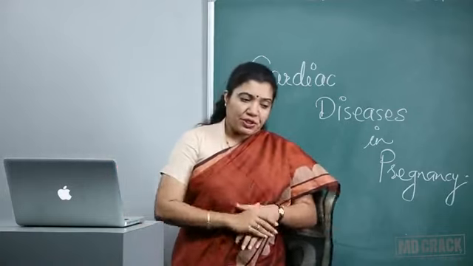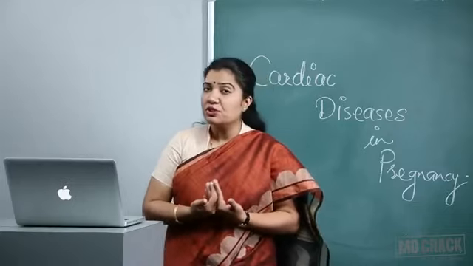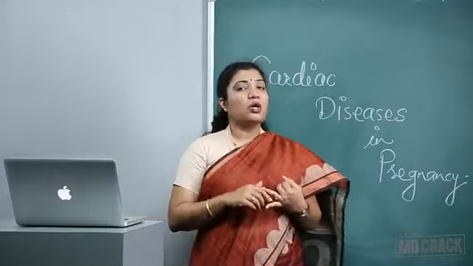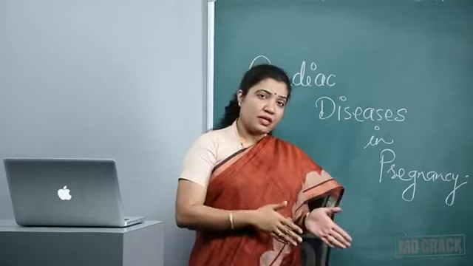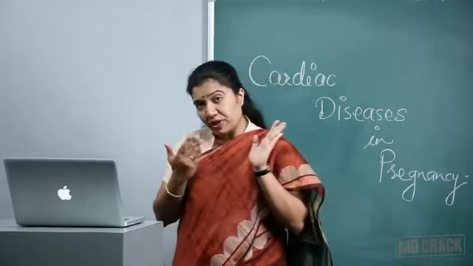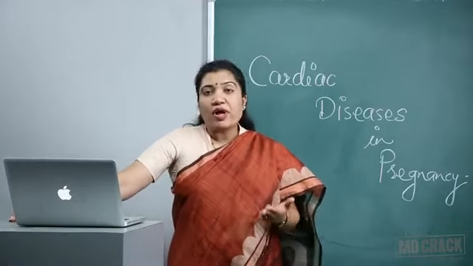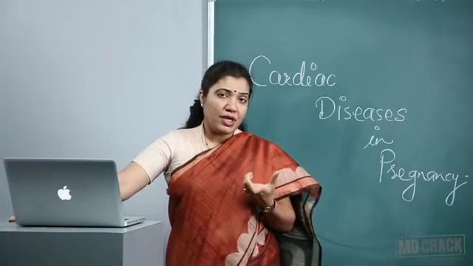So whenever a patient comes to us preconceptionally, we should not miss the chance to counsel her about the cardiac lesion she has, what the prognosis is, what the effect of pregnancy on that cardiac lesion is, what the effect of that cardiac lesion on the pregnancy would be, and what her risk of mortality is, especially in cases of primary or secondary pulmonary hypertension.